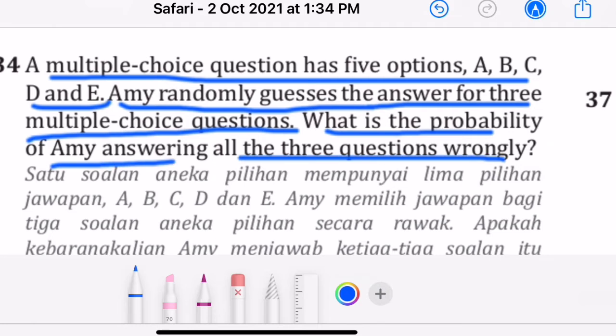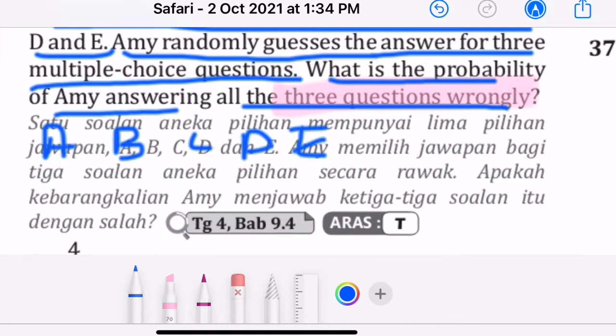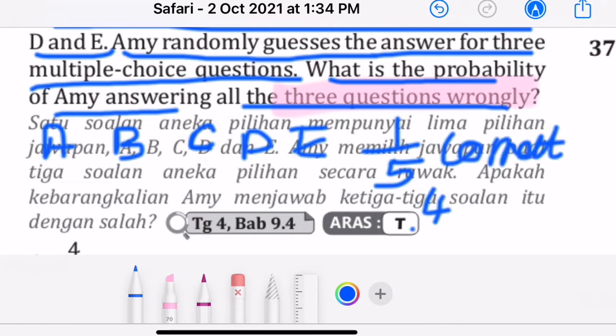For the first question, there are 5 choices A, B, C, D, E. Of course, if you choose one, it will be correct or wrong. Let's say the answer is C. So the chances for you to get C is 1 over 5, and this is correct. The chances for you to get the wrong answer is 4 over 5.